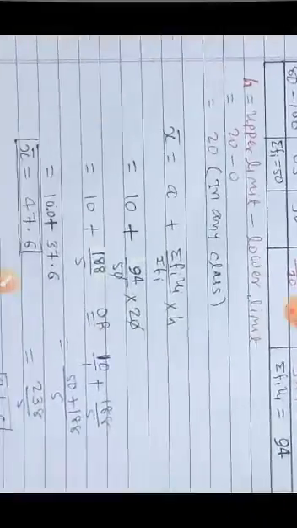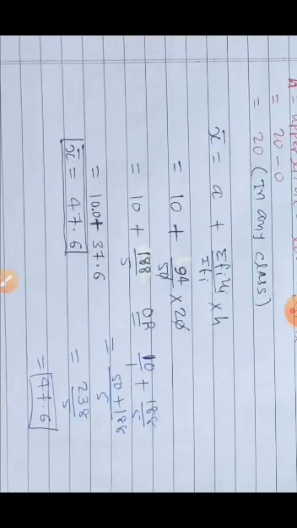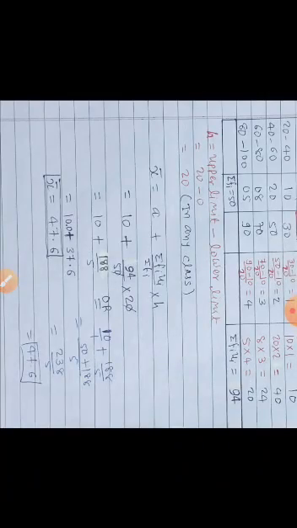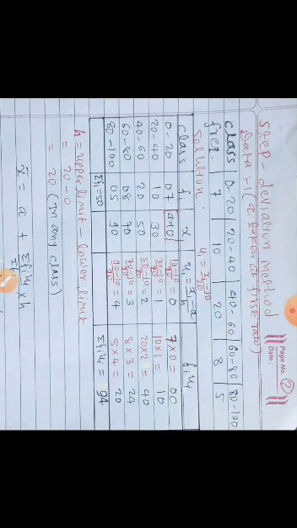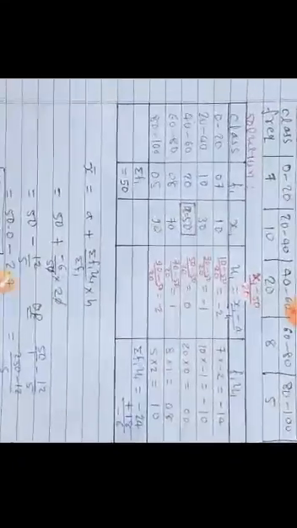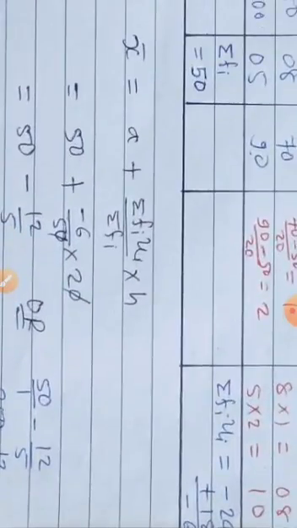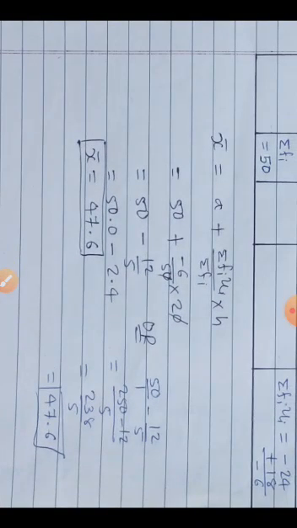You can see here in the previous one you also found 47.6. So the answer has nothing to do with the method or where A is selected. That is up to you. Anywhere you can take A, not only in the middle or first row, in any row. So in this way also we got 47.6.